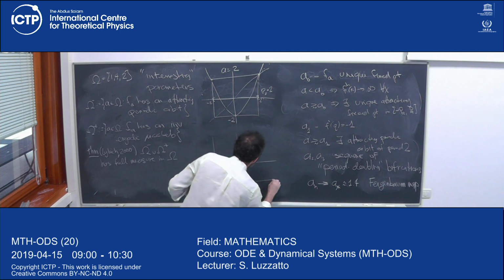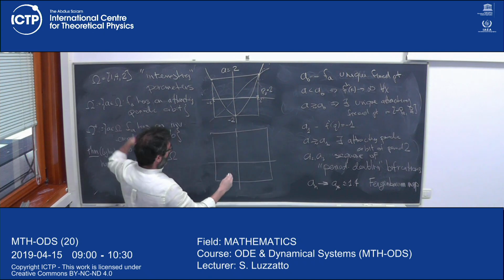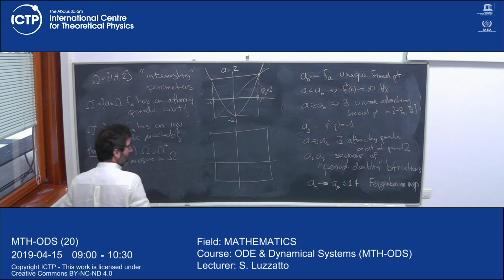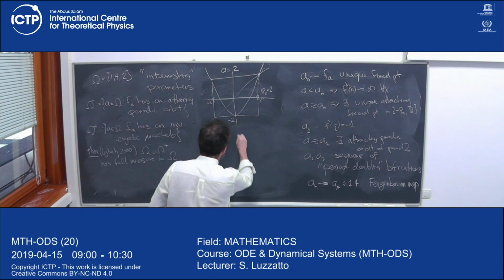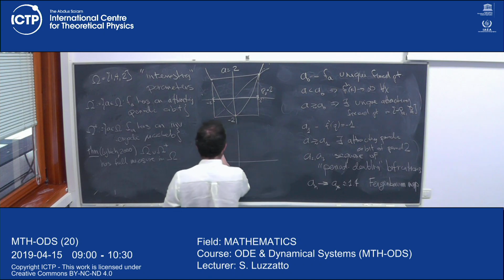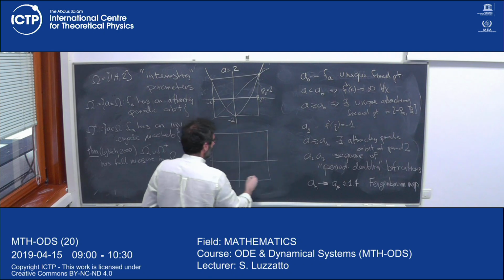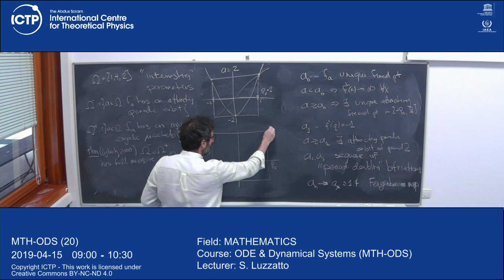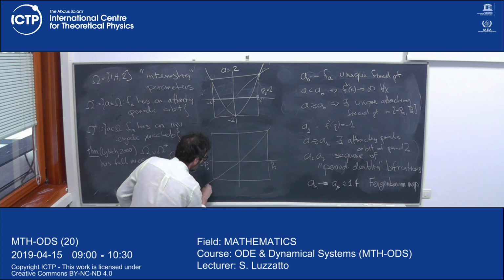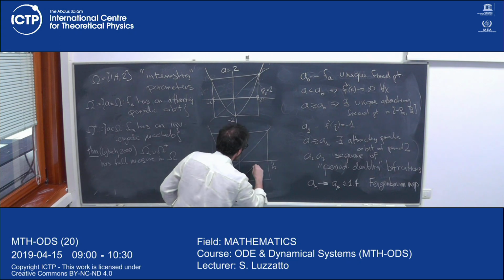And the picture between 1.4 and 2, this is a very bad square. So you always have this attracting periodic orbit.